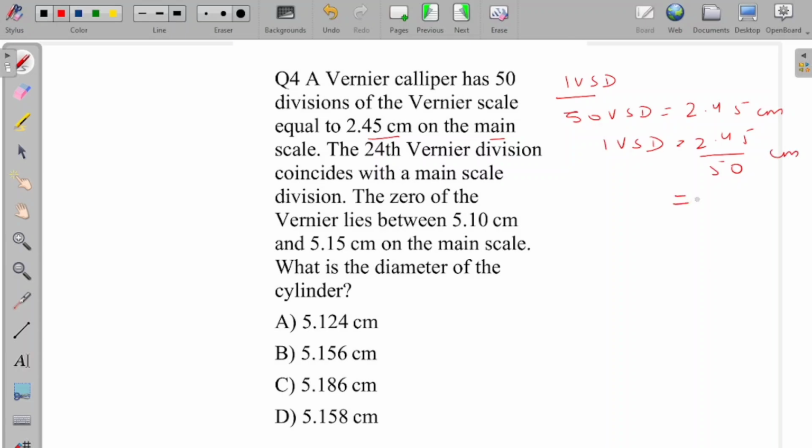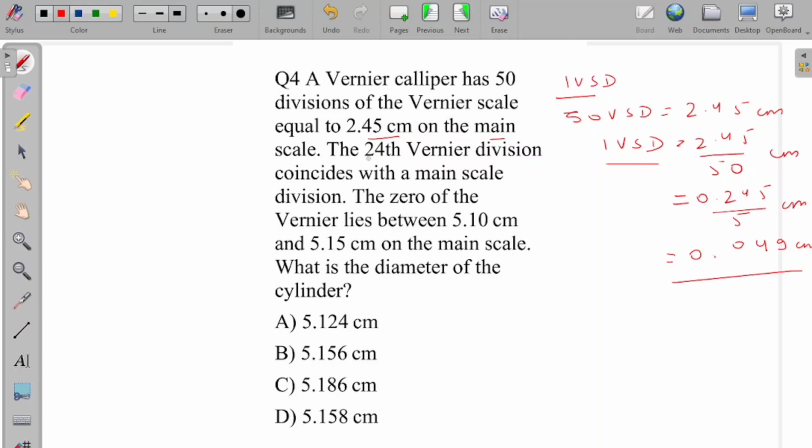On solving it, we will get 0.245 upon 5 centimeter, and when we simplify it, we will get 0.049 centimeter. 5 nines are 45. So this is what we get as the value of 1 VSD.